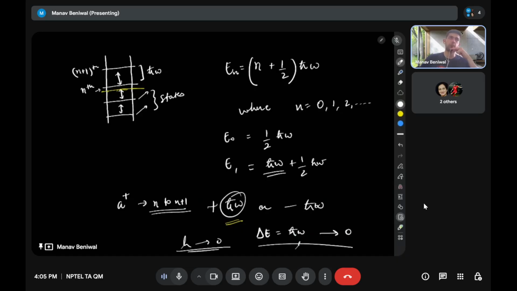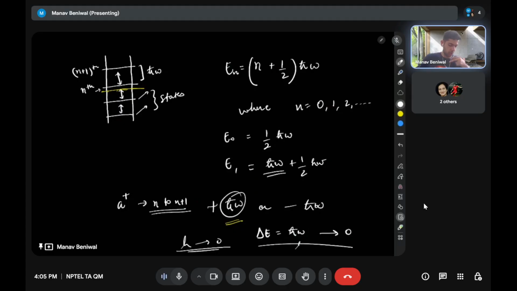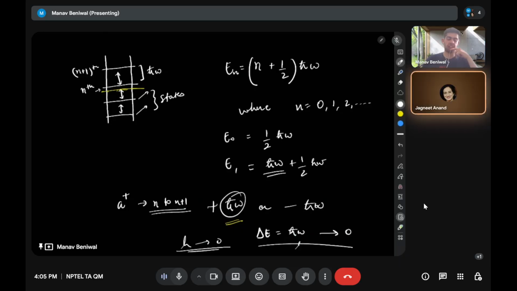For example, if you take an electromagnetic field, the excitation of an electromagnetic field will give you a photon. So you are absolutely correct. The quantum oscillator is like a brick, like a backbone of the universe.